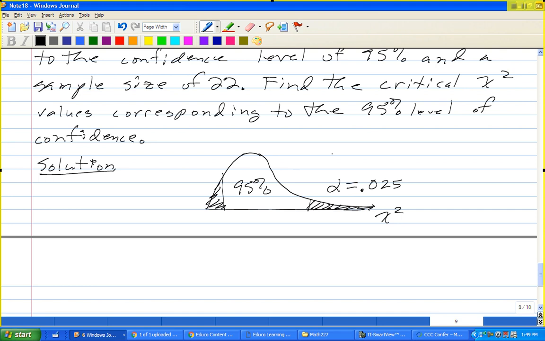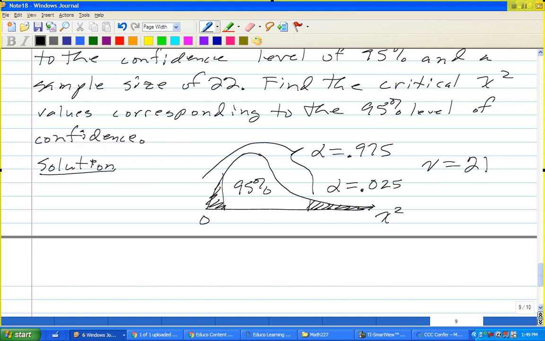And for the other side, this whole thing going from 0 to this value will be the remaining 0.975. My degrees of freedom was 21, since I had 22.